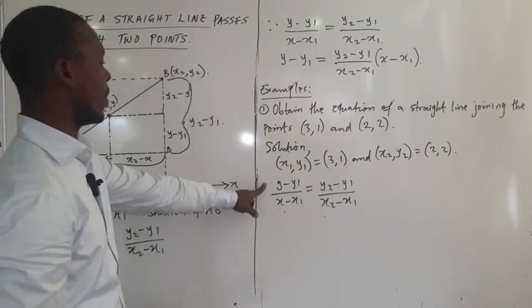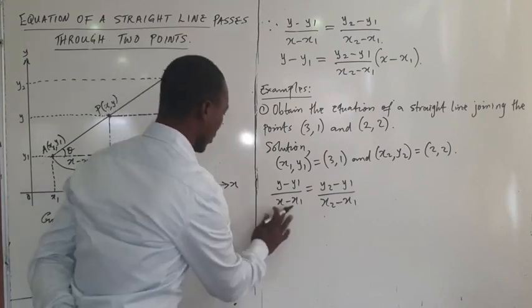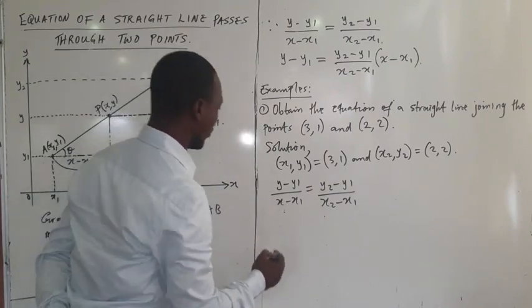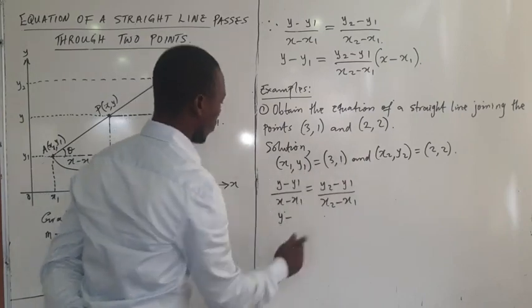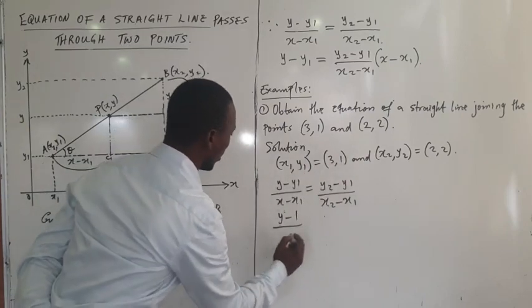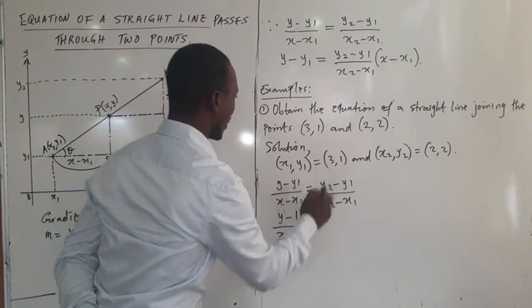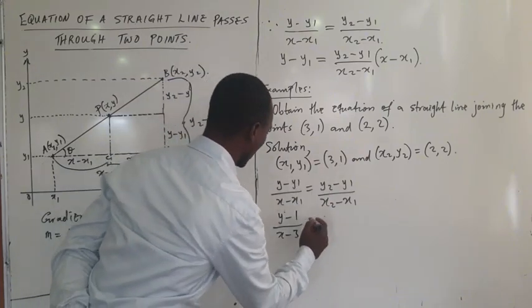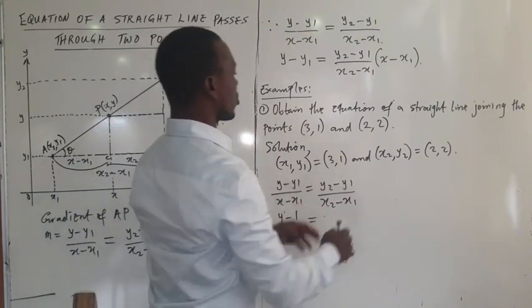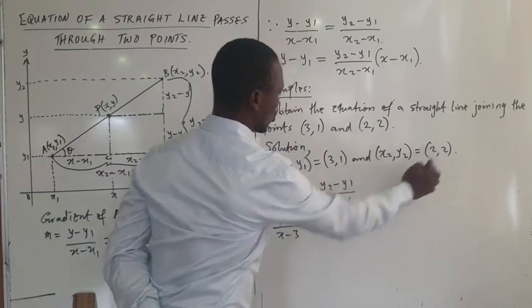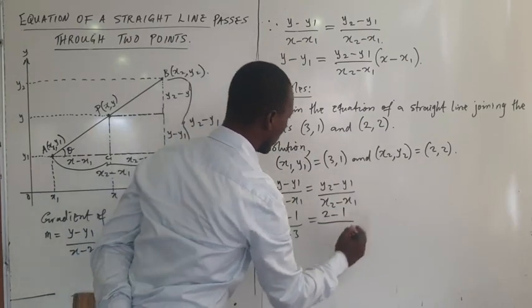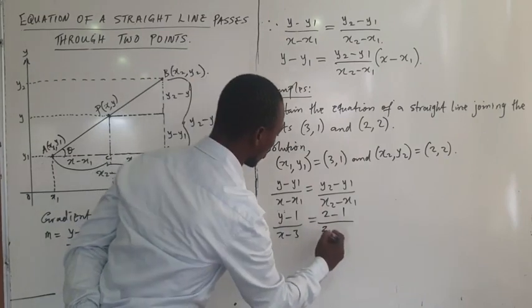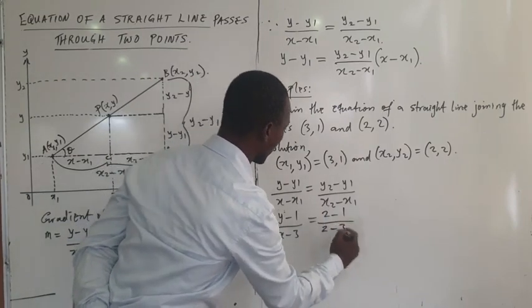So y will remain y, x will remain x, because we are looking for the equation of a straight line. So y minus y1 is what? 1. So y minus 1 over x minus x1, which is 3, so x minus 3, equals y2, which is 2, minus y1, that is 1, over x2, that is 2, minus x1, 3.